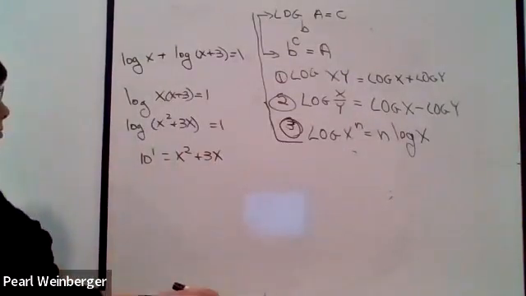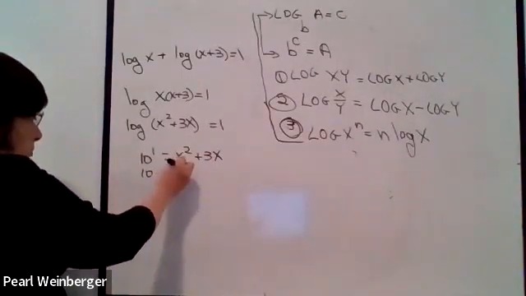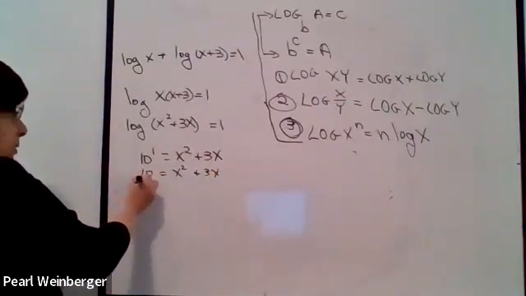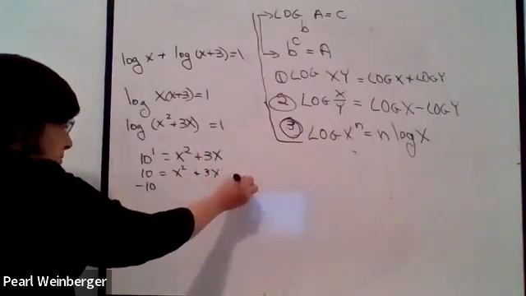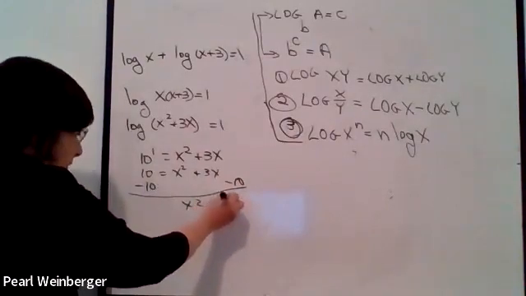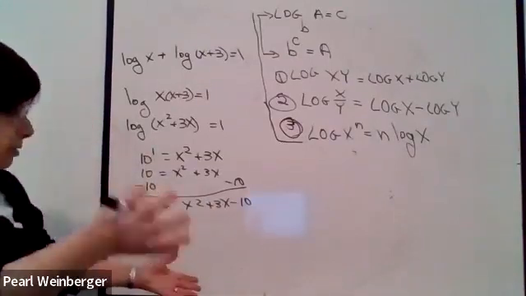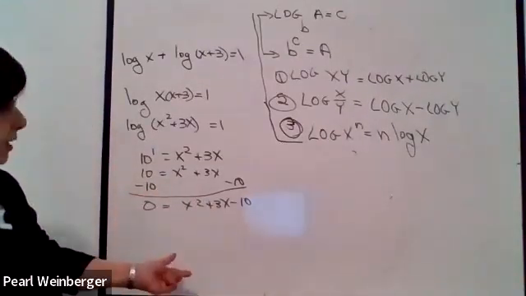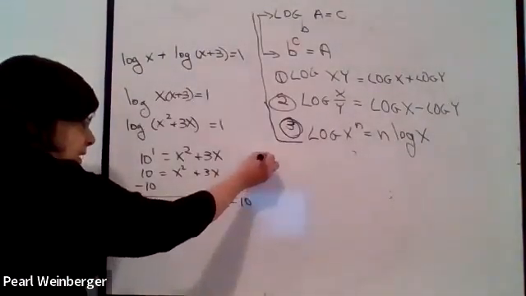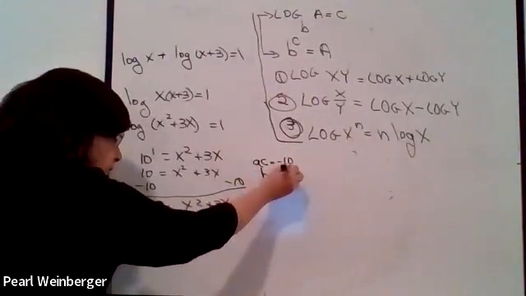So now, this obviously is 10 equals x squared plus 3x. Again, I have a quadratic equation. I'm going to subtract 10 from both sides. And this will give me x squared plus 3x minus 10 equaling 0. And again, like in any quadratic equation, we're going to try and factor. So again, I'm using my AC method, where my AC is negative 10 and my B is positive 3.